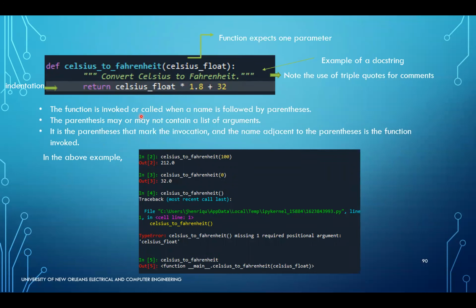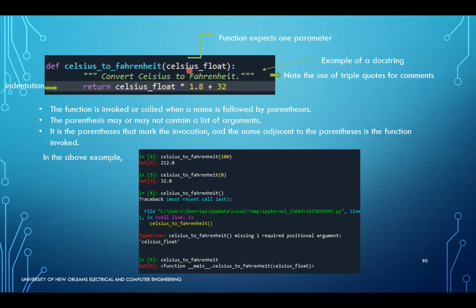All right. This is a function. def tells Python that you're going to define a function. celsius_2_fahrenheit is the name of the function. This function includes just 1 parameter, okay?